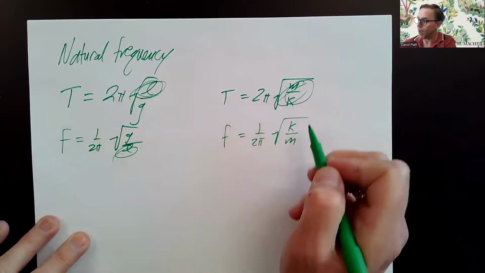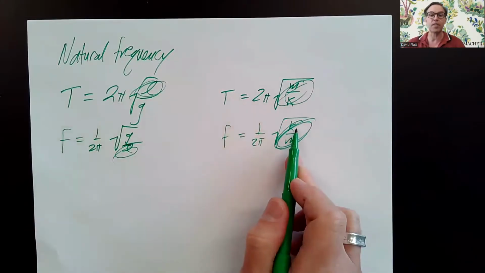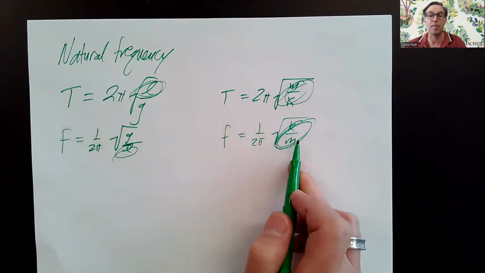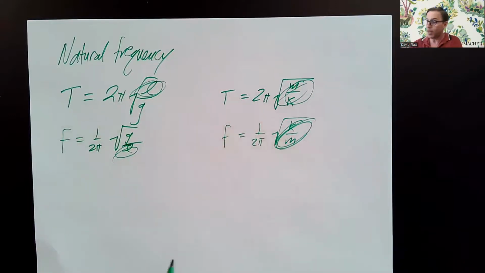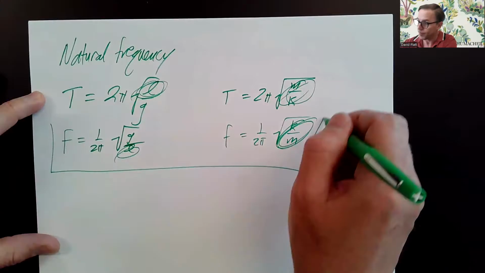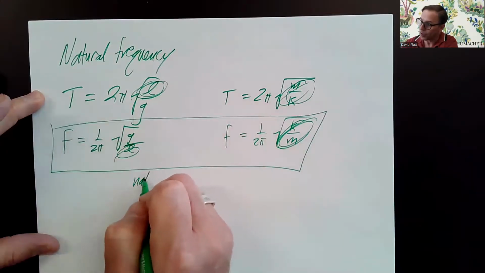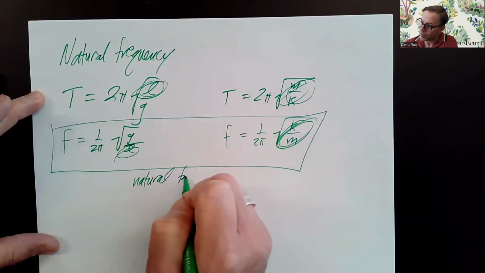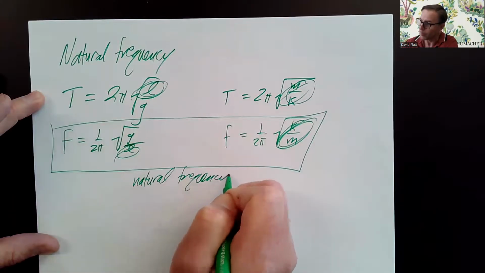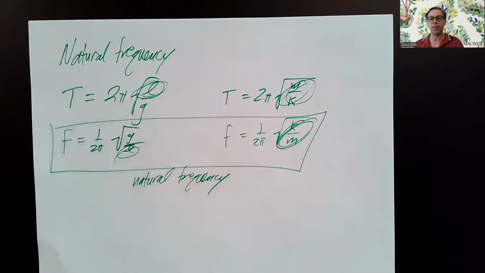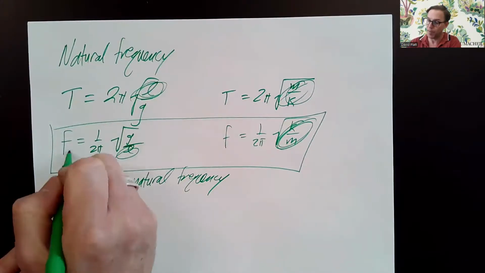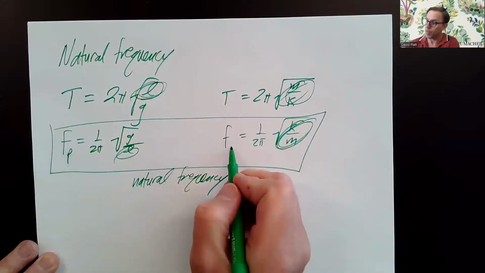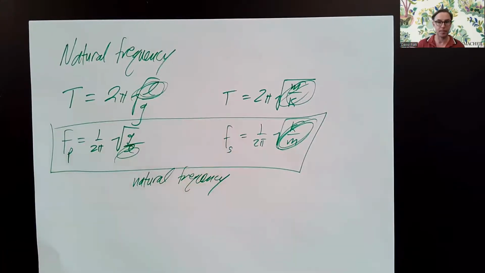This depends on two factors, both the stiffness of the spring and the mass of the object that you attach on the end. But the frequency is called the natural frequency: the natural frequency of an oscillator. Natural frequency of a pendulum, f sub p for pendulum, natural frequency of some spring system.